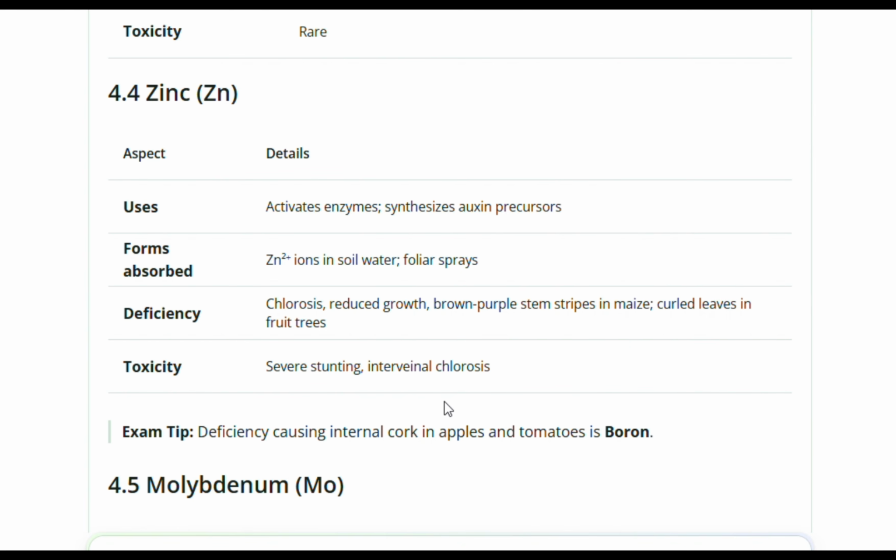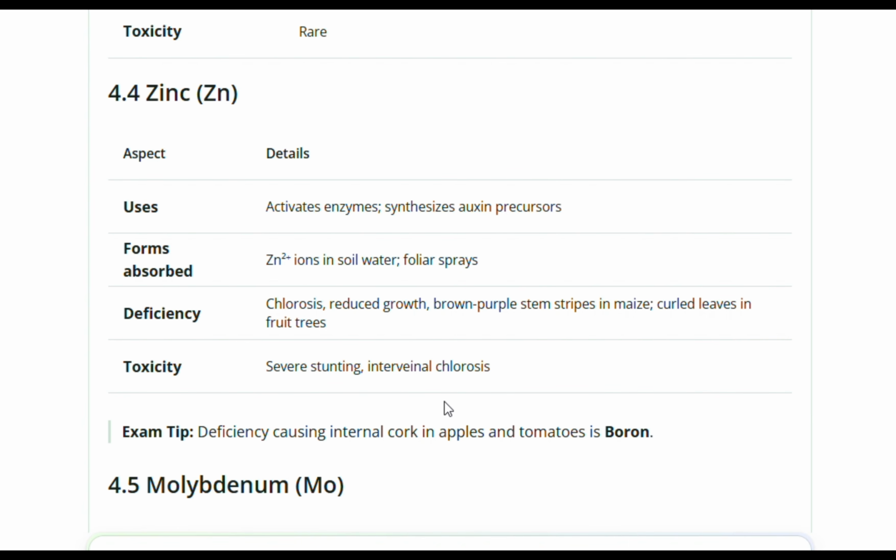You can see the similarity. Also reduced growth, brown purple stem stripes in maize. Toxicity: severe stunting, intervenal chlorosis.